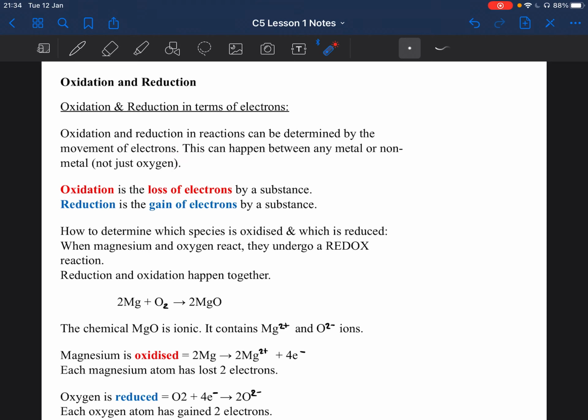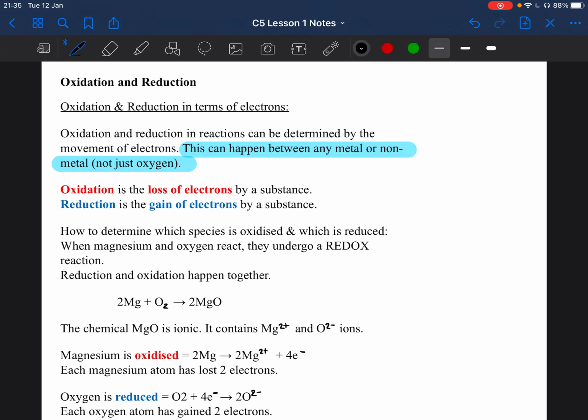The reason we use this is because we can actually use oxidation and reduction for any reaction between a metal and a non-metal. If we're talking about oxidation and reduction in terms of oxygen, it only works with metals and oxygen or metal oxides. This can be used for any chemical.